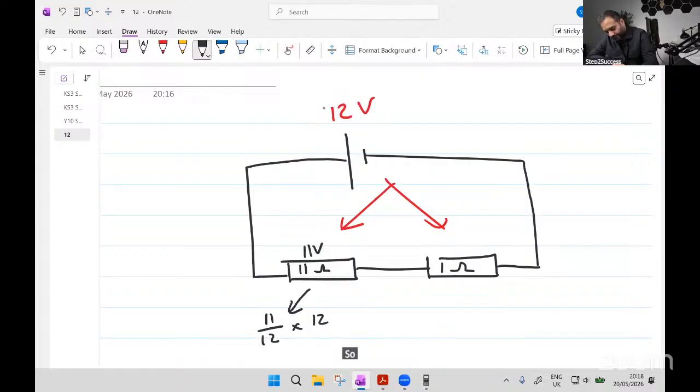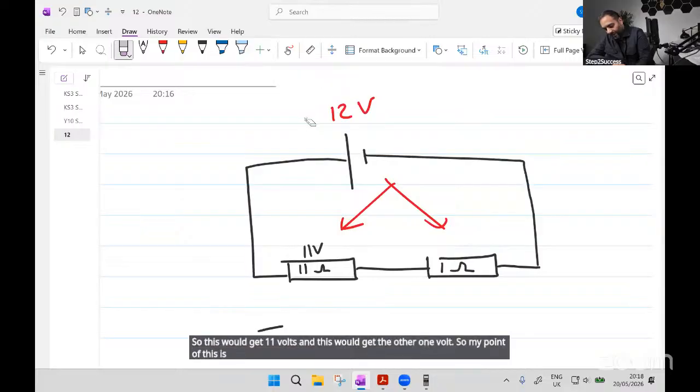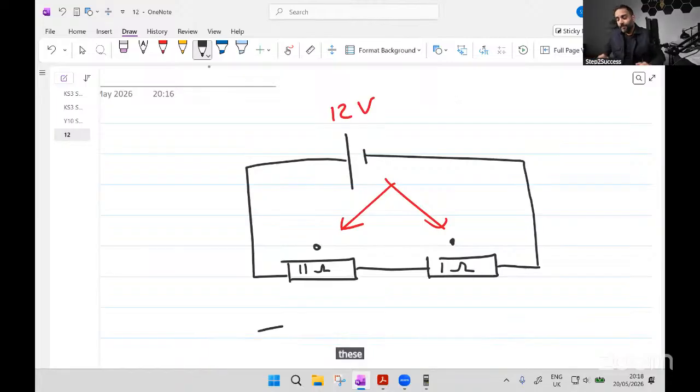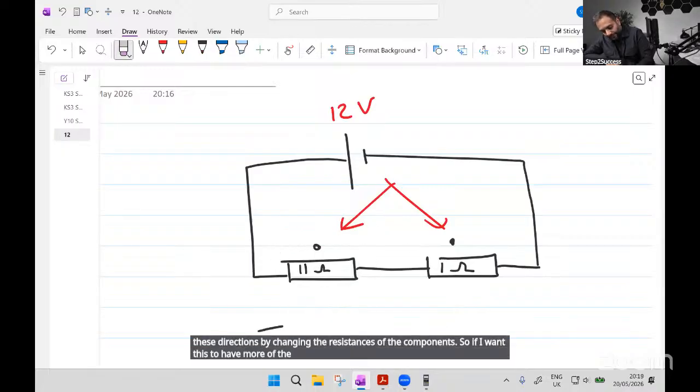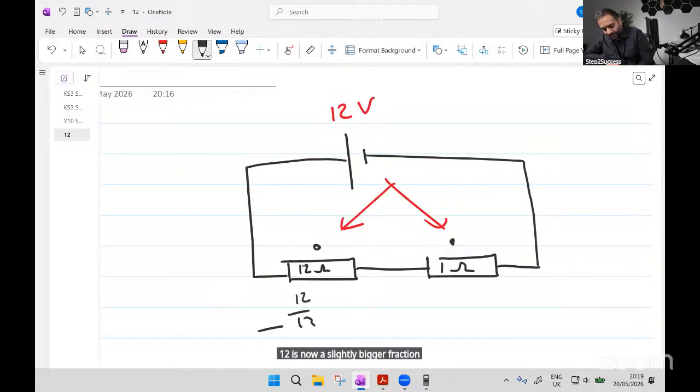So this would get 11 volts, and this would get the other 1 volt. So my point of this is that you can change how much voltage goes in these directions by changing the resistances of the component. So if I want this to have more of the voltage, I want it to have a bigger resistance. So if I now make that, I don't know, 12, it's now a slightly bigger fraction. It's now 12/13 of 12. So it's going to get a bit more than 11.